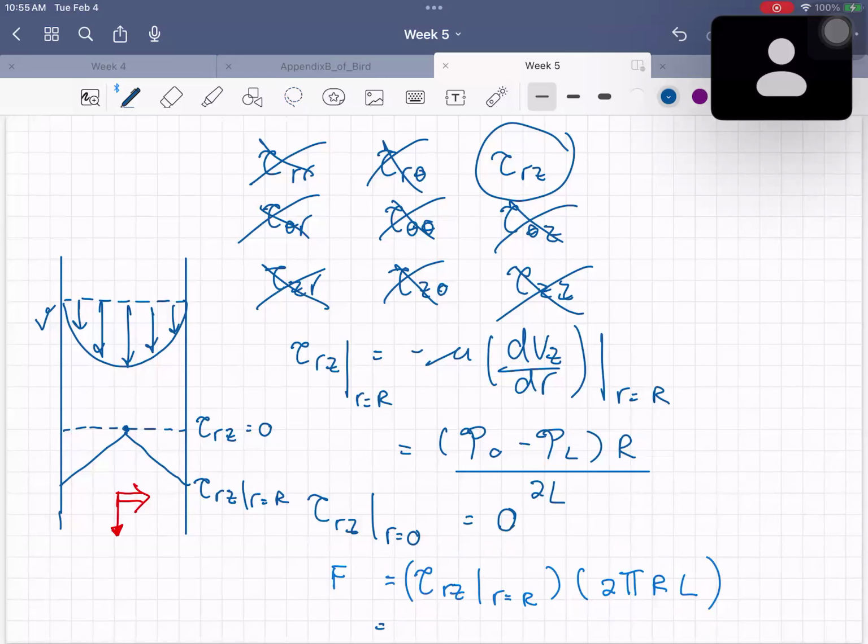So it will be equal to pi R squared times P0 minus PL. So this is the force exerted on the fluid by the wall. You need to specify the boundary condition correctly too, where R equal to big R.